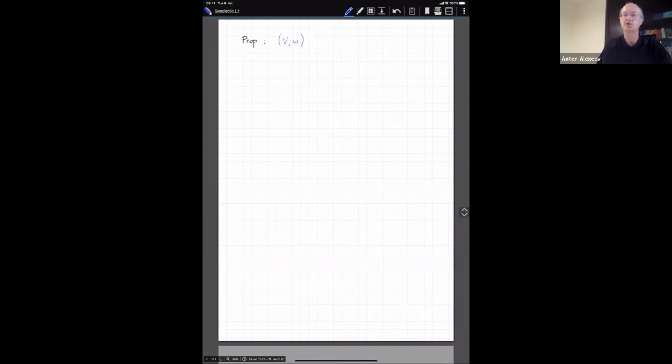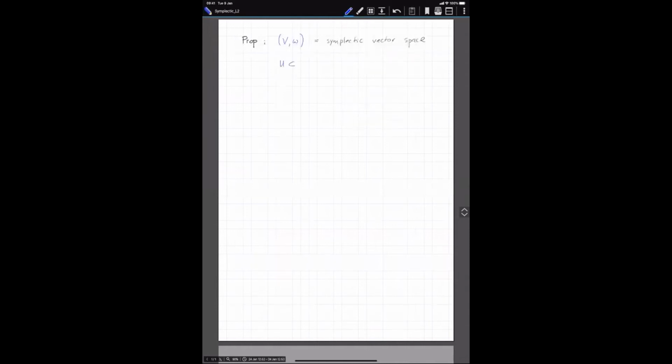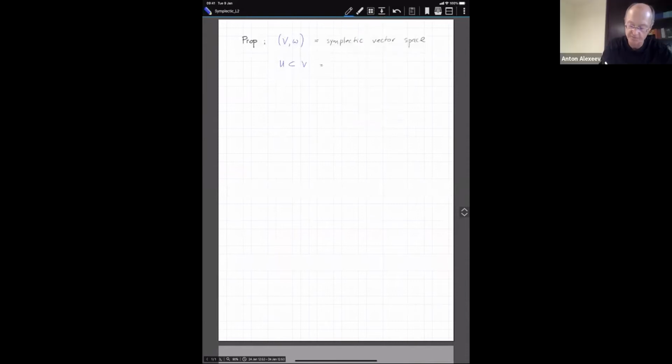All right. So we are talking still about, that's the last proposition for now from symplectic linear algebra. So we have V, omega, a symplectic vector space, and we have U in V an isotropic subspace.